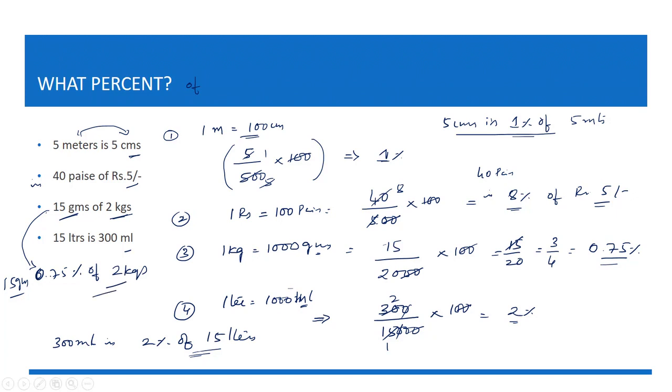Hope you understood. Fine. I will solve around 20 to 25 problems which were asked in previous year papers with a different aspect. You just go through that and try to understand. Fine. Thank you.